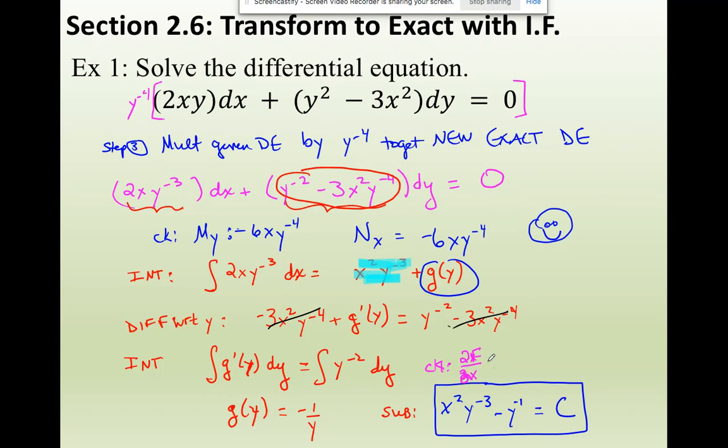They look like 2's. 2x y to the negative 3. And what is the partial of that relation in terms of x and y with respect to y?